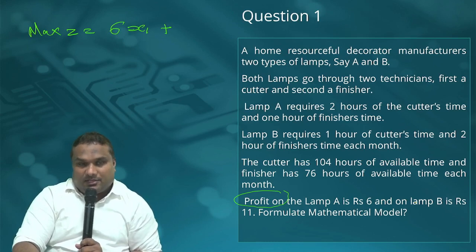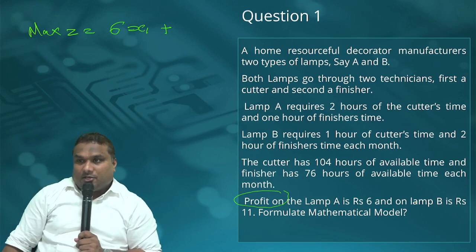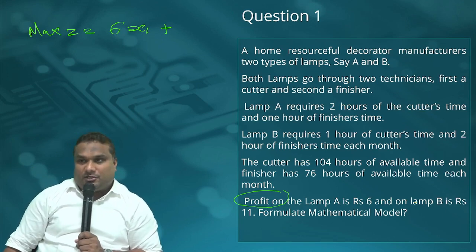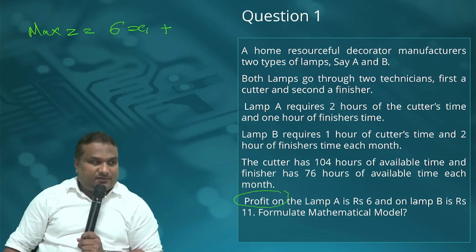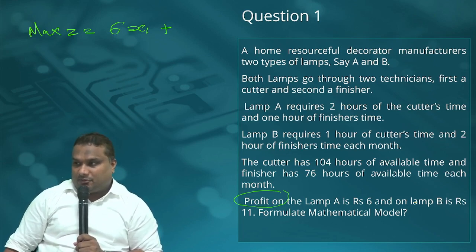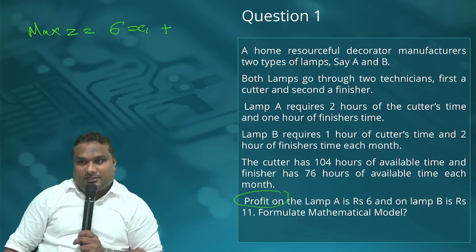For example, if x1 is 20, then the profit will be 20 into 6, 120. If the first item we are making is 10, 10 into 6. If 4, 4 into 6. If 0, 6 into 0. You understood? We don't know how many items we are going to make, so the unknown quantity we write as x1.